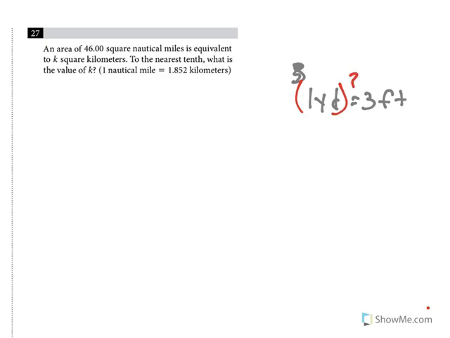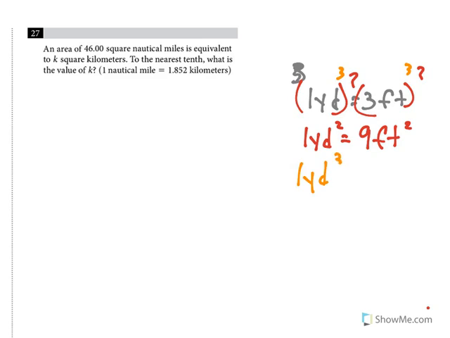A square yard is 1 yard squared, and 1 yard squared is 3 feet squared, which is 9 square feet. And if we wanted to know about a cubic yard, 1 cubic yard would be 3 feet cubed, which is 27 cubic feet. Because area is a square measurement, we have to square our conversions. Volume is a cubic measurement, so we have to cube our conversions.